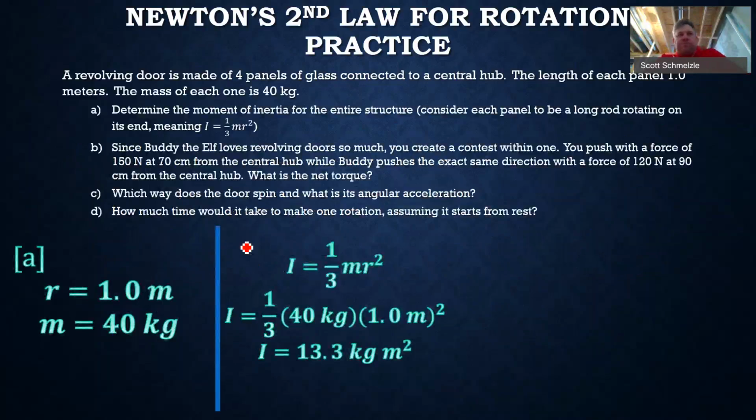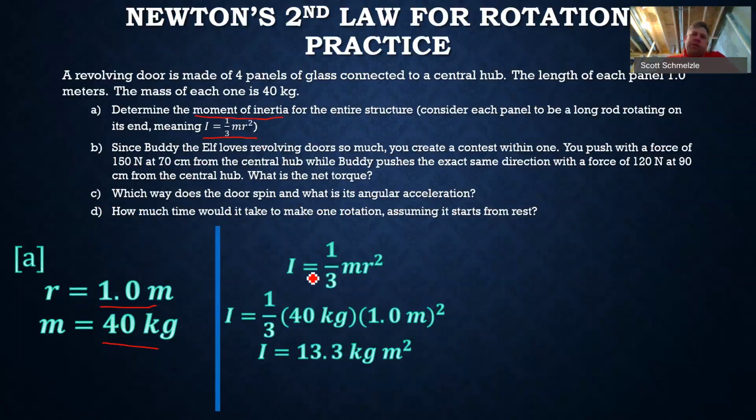Okay, so part A. What we want to do here is determine the moment of inertia. Because we're considering this like a long rod rotating around its end, basically what that means is that I'm rotating this like this. I'm considering that that's my long rod, on my ruler. So I take my radius, which is the length of the door panel rod, and then the mass of it is right there.